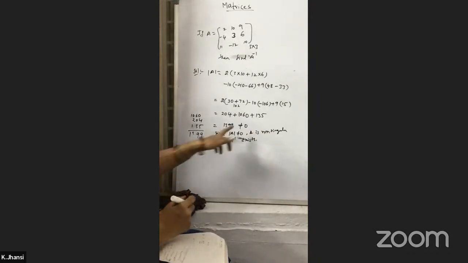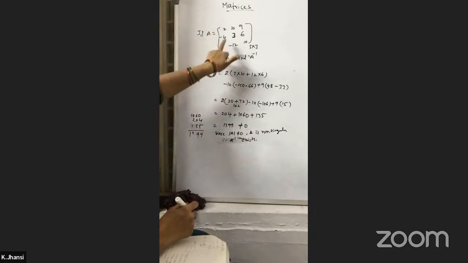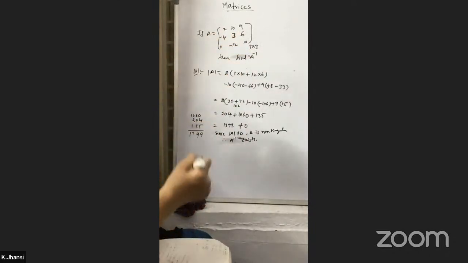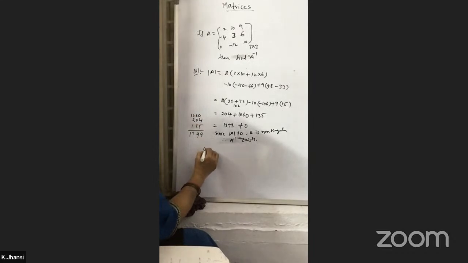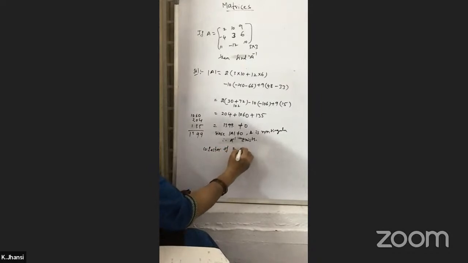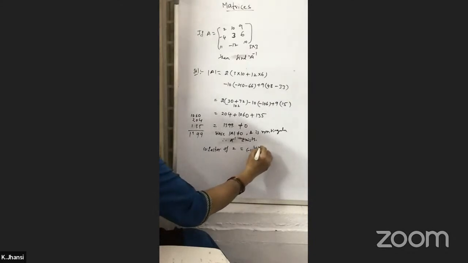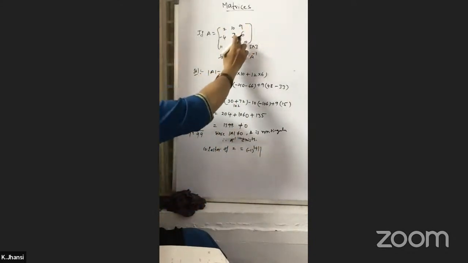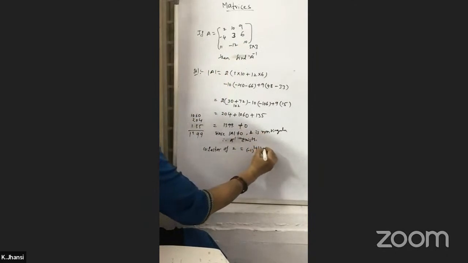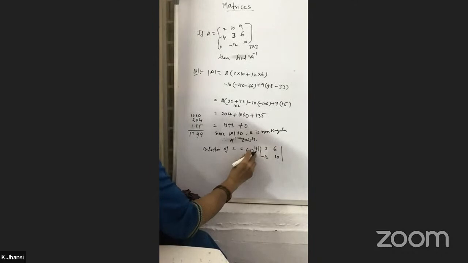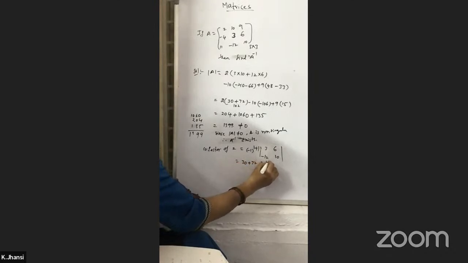So the first condition is this one, and now we have to find the cofactors of all these elements. Cofactor of the first element 2 is minus 1 to the power of 1 plus 1, times the determinant of 3, 6, minus 12, 10. Okay. So this is a positive value. 10 threes are 30, minus of minus 72, you will get 102.